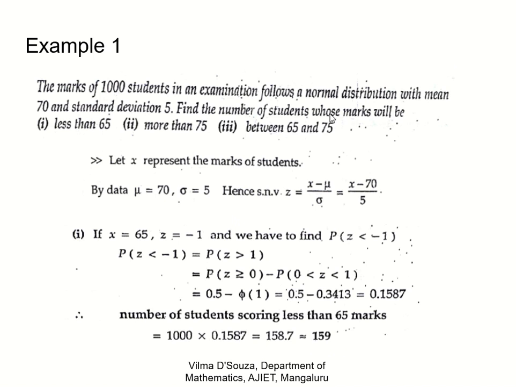Find the number of students whose marks will be more than 75. So what are you required to find here? First you need to find P of x greater than 75, then multiply that probability by 1000.